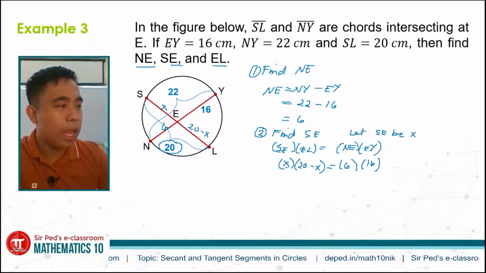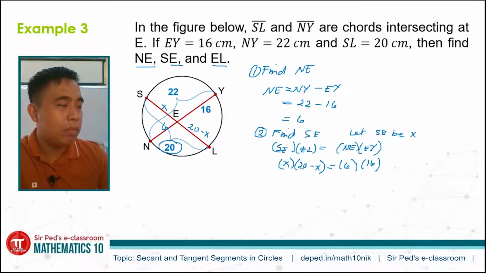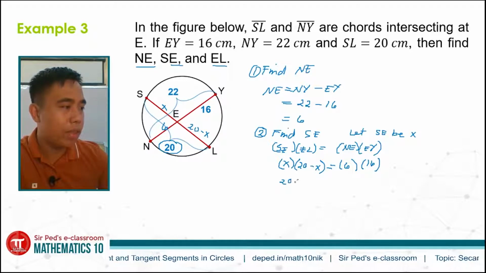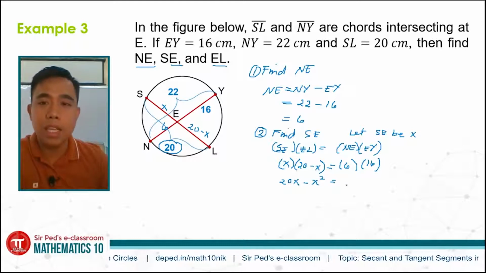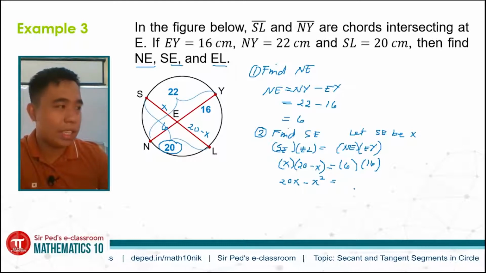Okay, multiply X by 20 minus X. So, X times 20, that is 20X, minus X times X, that is X squared, which is equal to 6 times 16, 96.